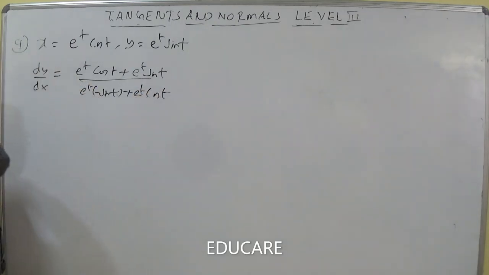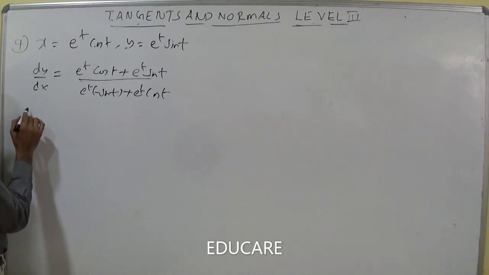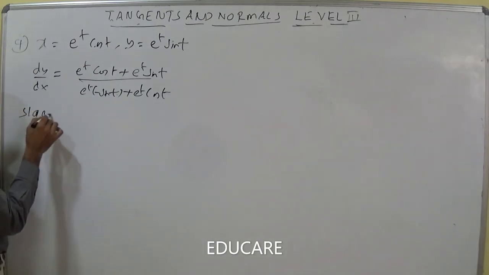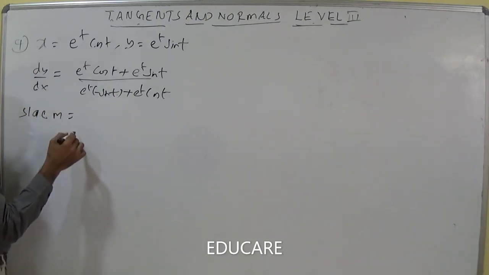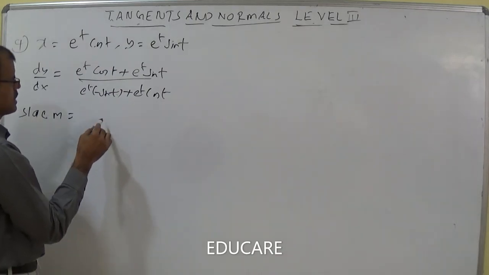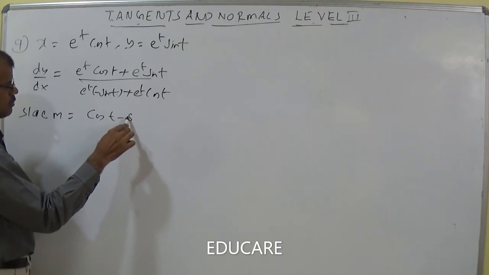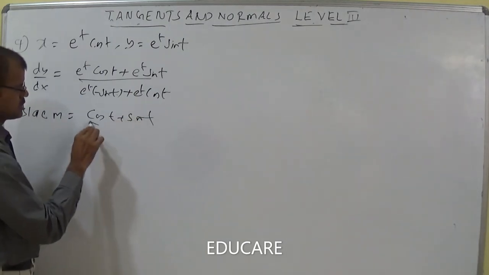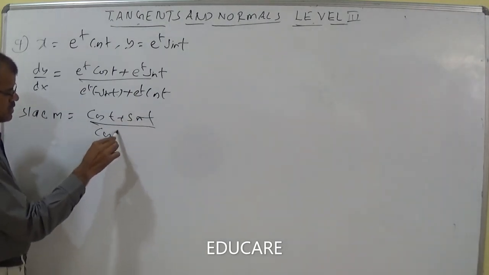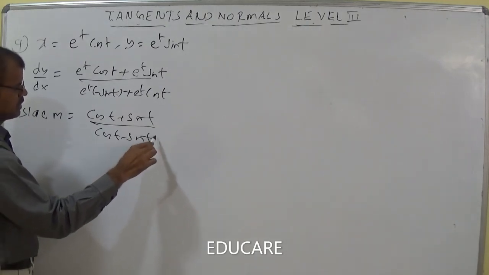If we divide, e power t will get cancelled. Slope m is equal to cos t plus sin t by cos t minus sin t. You will get the value like this.